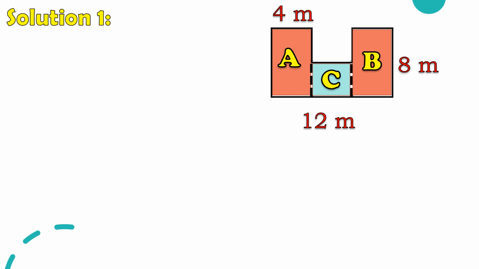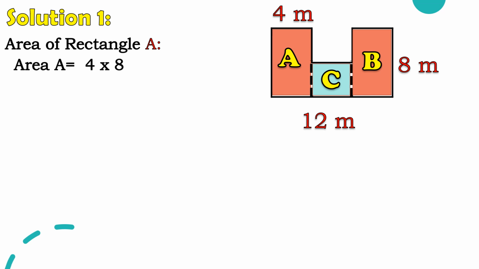So let's start with area of rectangle A. Same kanina, area of A is equal to length times width. Since rectangle siya, kunin natin yung width na 4 at yung length niyang 8.